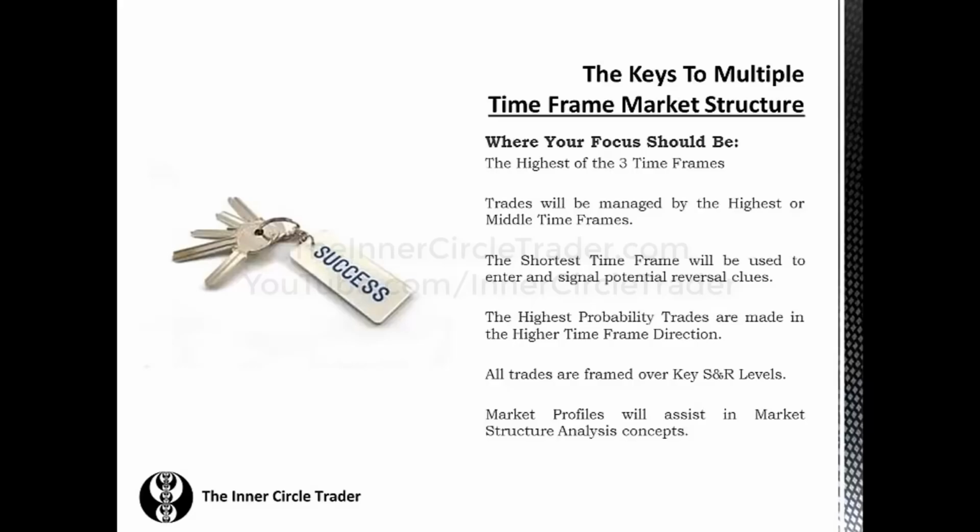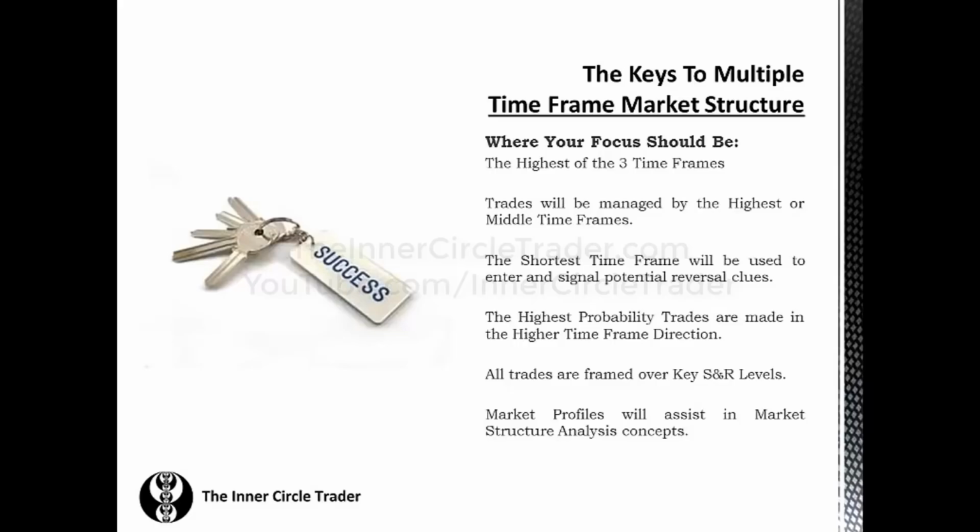Once you get into a trade, you would be managing that trade on a 4-hour time frame, and you would just use the respective time frames we just talked about in the previous slide. And then your 1-hour chart would be used for timing purposes. So the shortest time frame in that regard for swing trading would be the 60-minute chart.